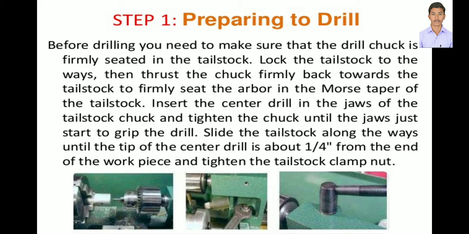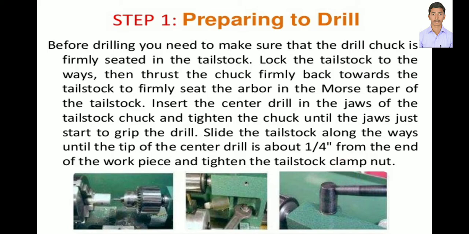After fixing the workpiece on the headstock spindle or chuck, we fix a drill bit on the tailstock spindle. You can see the diagram: we should lock both the cutting tool and the workpiece for drilling on the lathe machine.